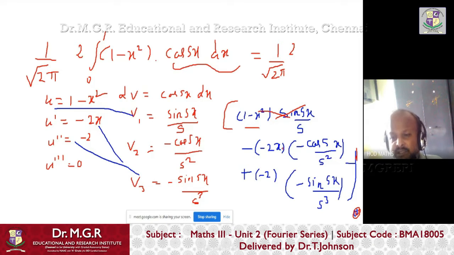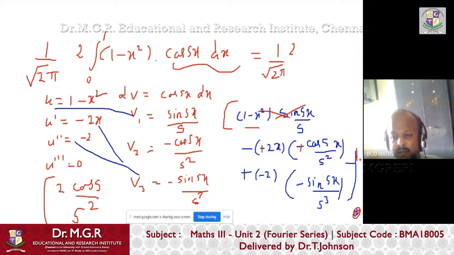Then in the second term, when you put x equal to 1, there are 3 minus signs, so they become a single minus sign, and it is 2 into 1 into cos s by s square, so 2 cos s by s square. That is one term. When you put x equal to 0, this term becomes 0 because of the factor x. So we have only one term, 2 cos s by s square.